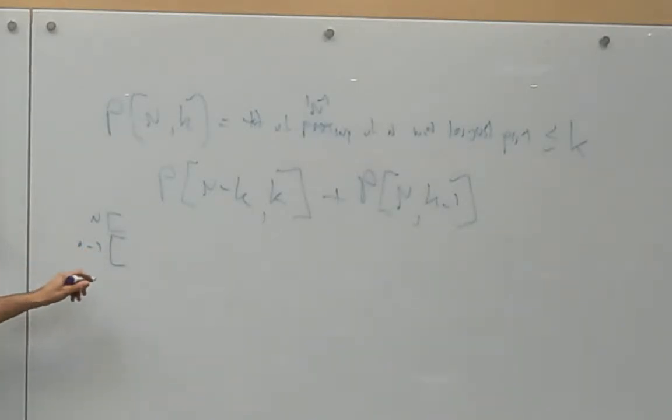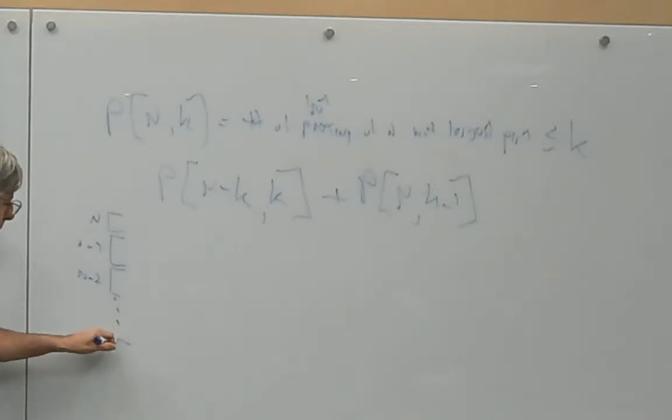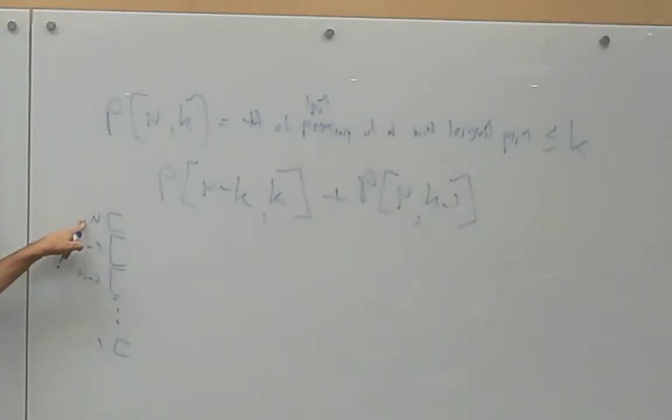Then the ones that have largest part n minus 1, n minus 2, till the largest part is equal to 1. How many partitions have the largest part n? 1, just n. How many integer partitions of n have largest part 1? 1, just 1 plus 1 plus 1 plus 1.